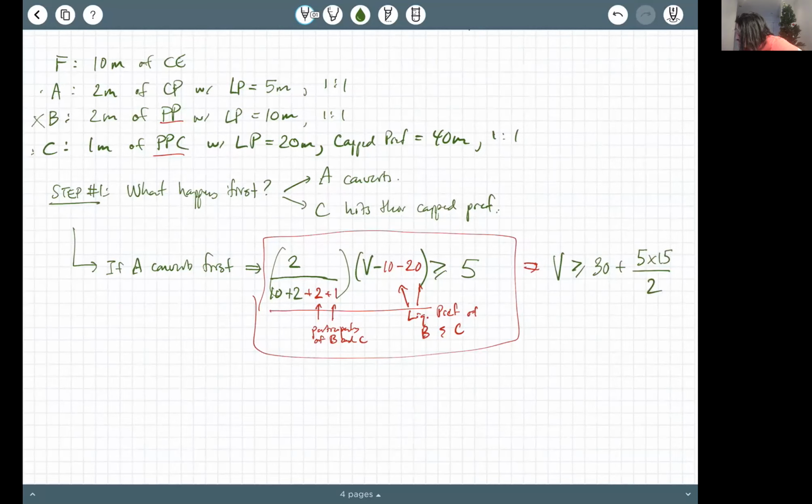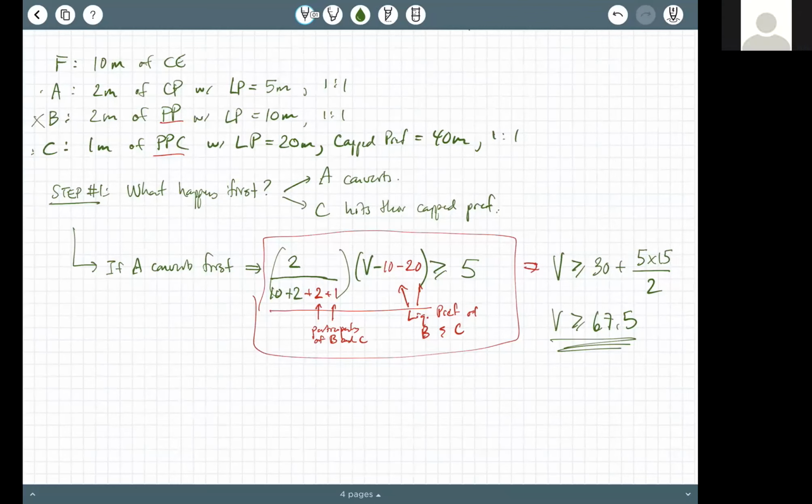So that's V greater or equal to 67.5, I think. So if A converts first, and what I mean by converts first is they convert before C hits their cap, then they would convert at an exit value of 67.5 million. Yes, Esteban.